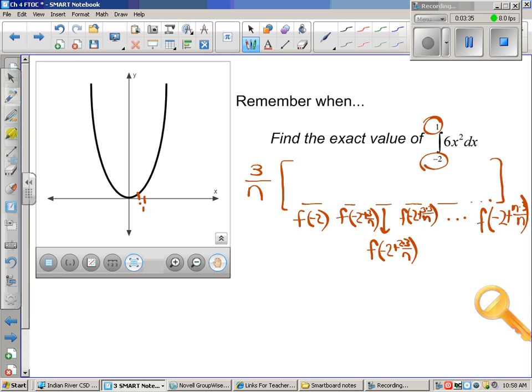Okay? Now, what that meant was we were going to have to take this number and plug it into the equation. Do you all remember this? And so this first one would be 6, and I'm going to write everything out just so that you can see every detail of it, would be 6 times -2 squared.